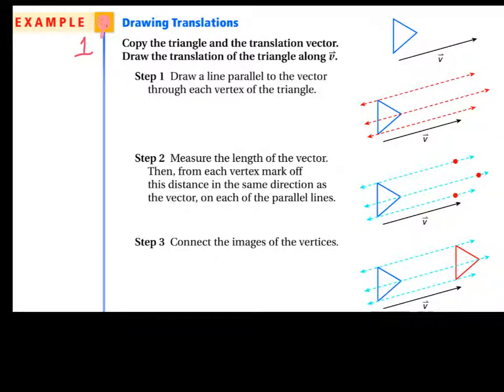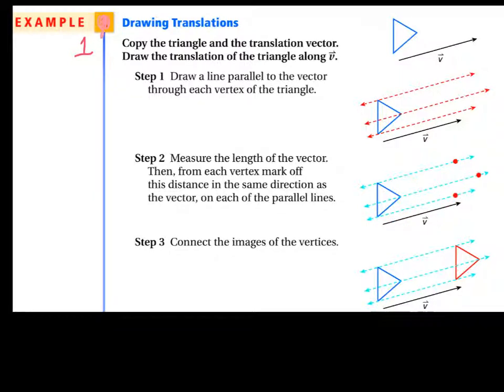Now, measure the length of the vector. Here's our vector. Then from each vertex, we're going to mark off the same distance as the vector.